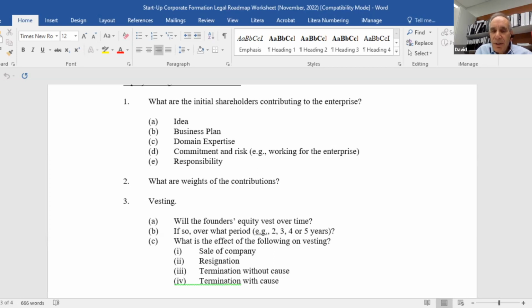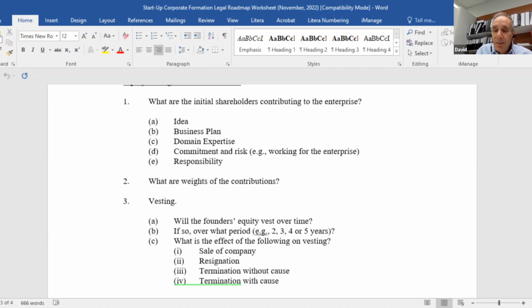He's not really working on the business plan, so he gets a 0 for that. Domain expertise, maybe he knows the invention, but not the business, so maybe he gets a 5 for that, right? Commitment to risk, a 1, because he's not leaving the business, but he'll do something going forward. So maybe that's a 1. And responsibility, again, maybe a 0.